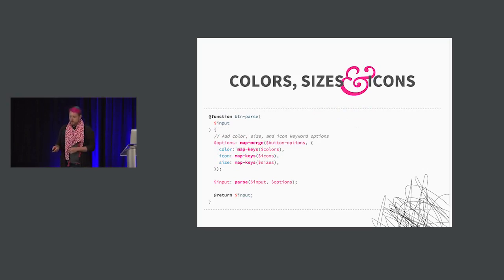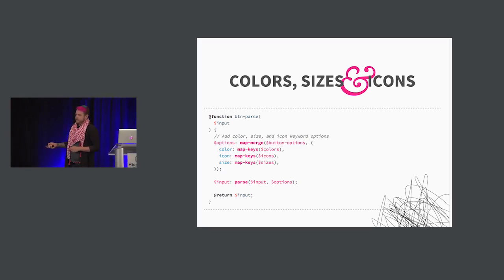And then let's get our color, sizes, and icons working while we're at it. So we added to our parser. It's dynamically checking our icons, colors, and size maps that we created earlier, and just adding all of those keywords that we created for icon, size, and colors. Those keywords are just automatically being added to our button options.